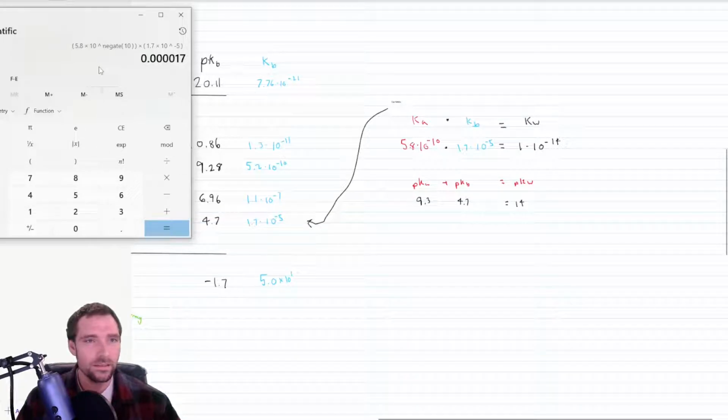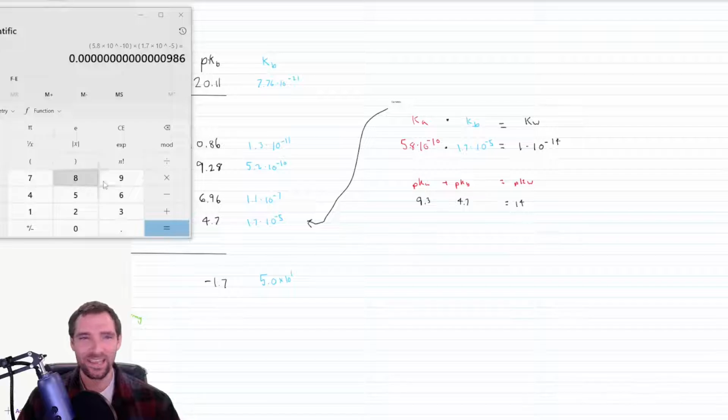And then I think I did something weird here. There's something weird in my calculations, because this should be coming out as 10 to the negative... So let me see what I'm doing wrong. It's just that I hadn't entered the enter button.